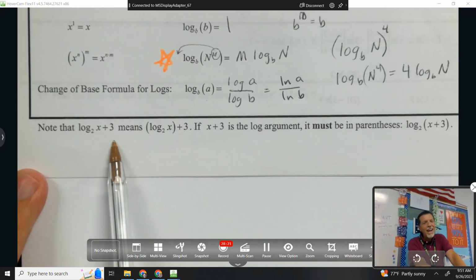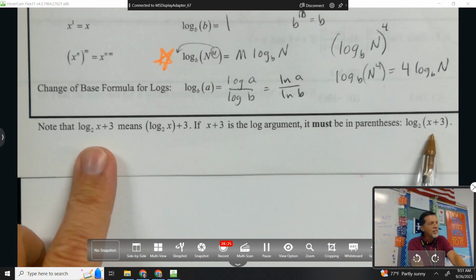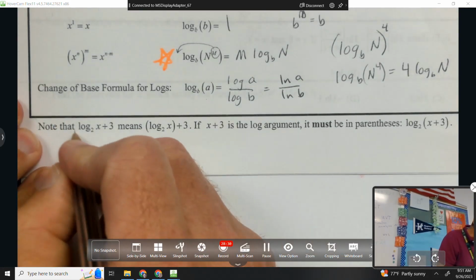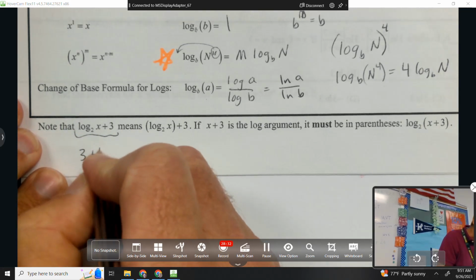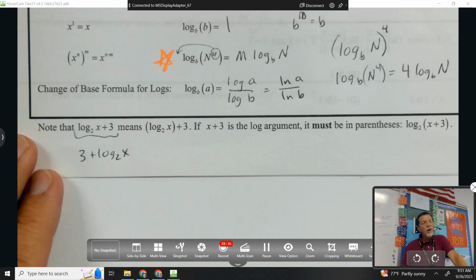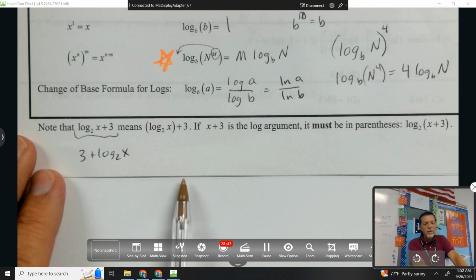Like I don't like that because it tempts you to think that it's the same as this, but it's not. Right? It would be much clearer if this person had written this as 3 plus log base 2 of x. So it's not wrong, it's just not clear. So be careful. If you want to take the log of it, you better put it in parentheses.